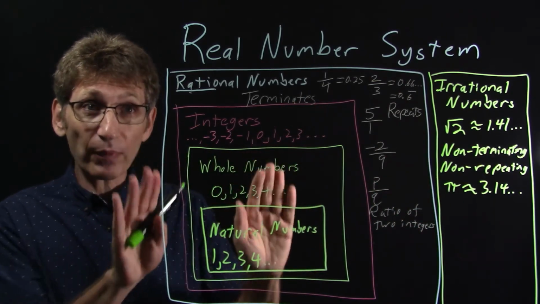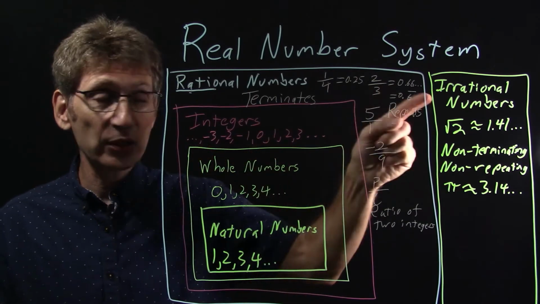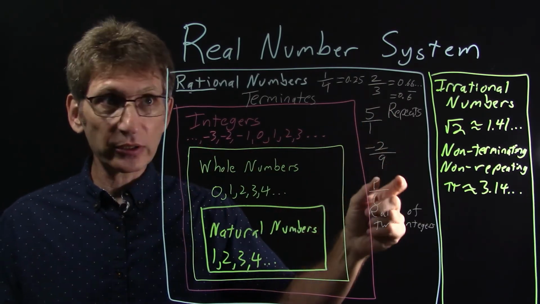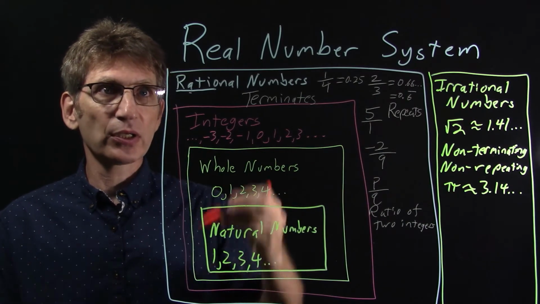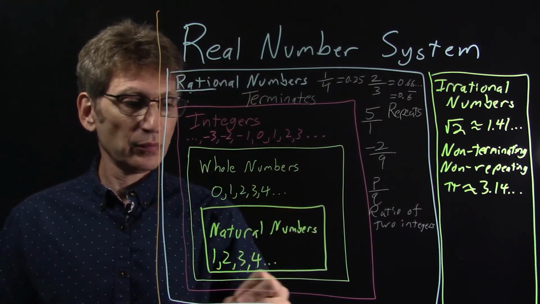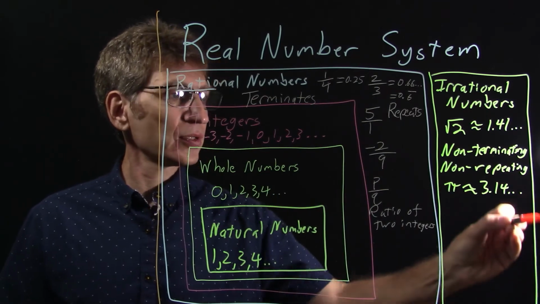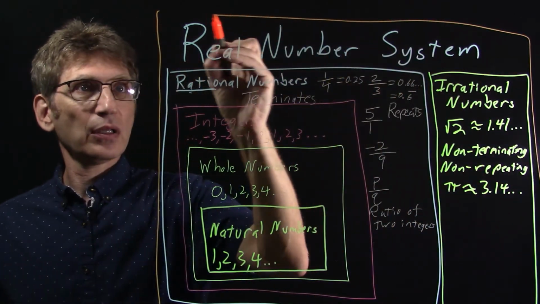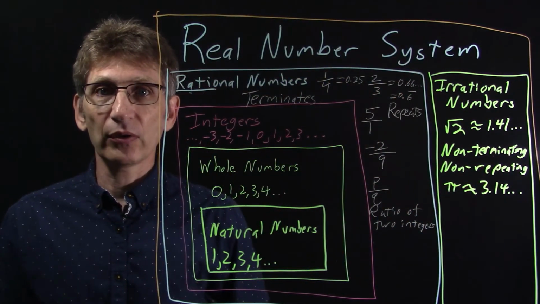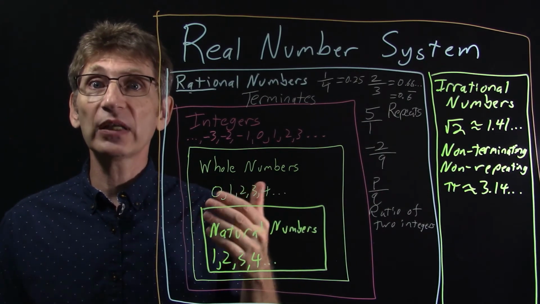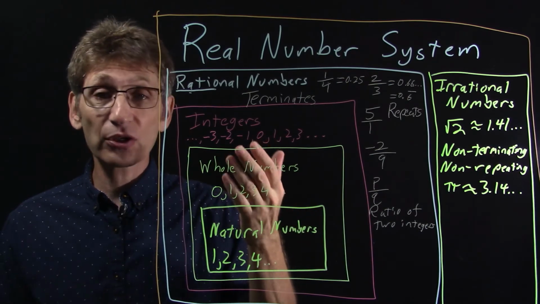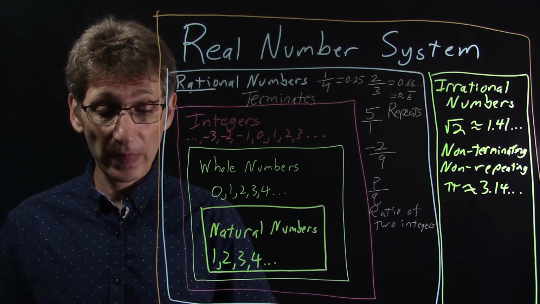They're completely separate. If a number is rational, it's not irrational. If a number is irrational, it's not rational. But they are all part of this big set of numbers that we call the real numbers. Real numbers are either rational or irrational. If they're rational, we can then further classify them as integer, whole number, or natural number.